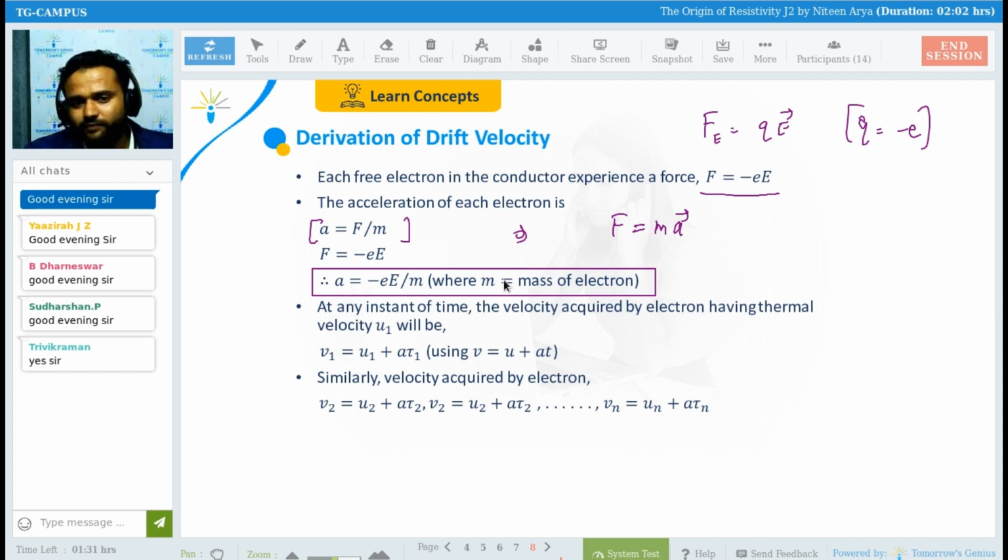Write it down or tell me, because then you realize how fast they are moving. Why do you hesitate to write just the number? Mass of an electron. What is the number?